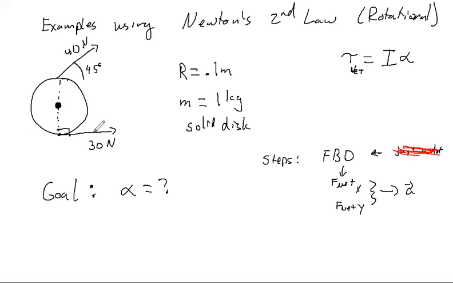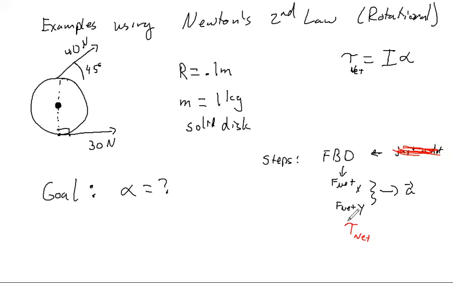So I'll just leave the object more or less as it is, and I will draw in the various moment arms of the different forces. That's the first correction. We draw the free body diagram, that's the same. Find the net force in the x, net force in the y, and now we will typically also find the net torque.